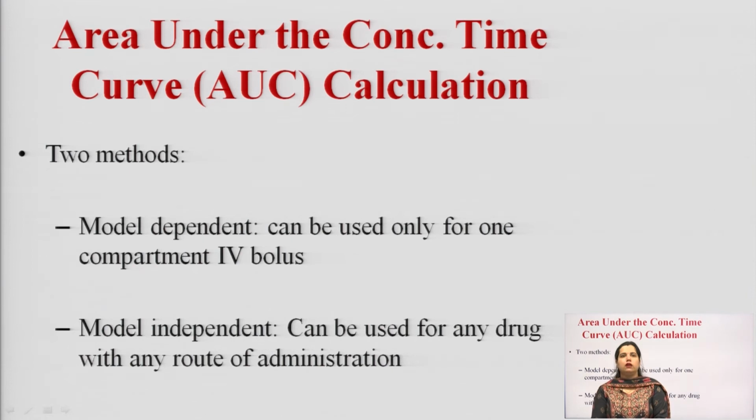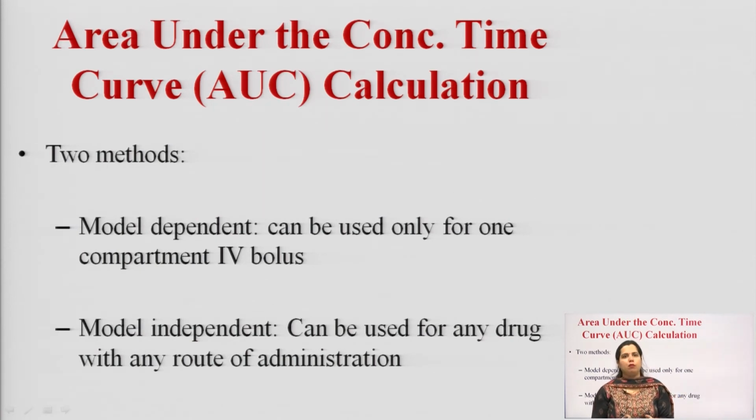Now, area under the concentration time curve, AUC calculation. Basically, two methods are available to analyze the drug concentration in blood, model dependent and model independent.